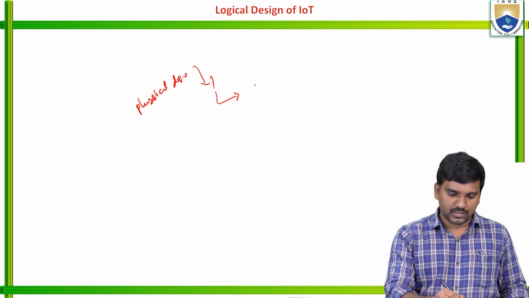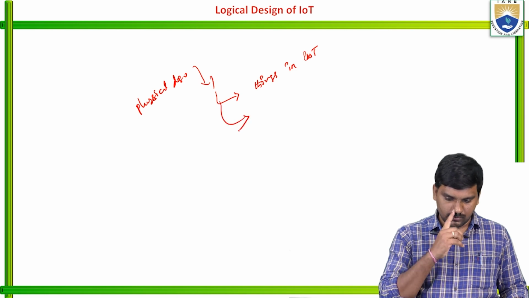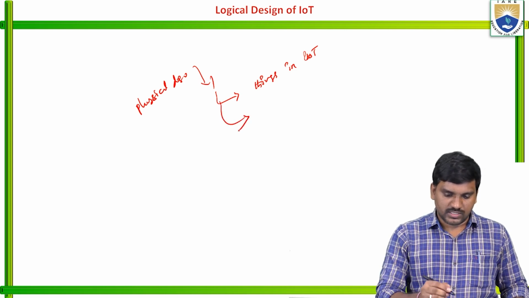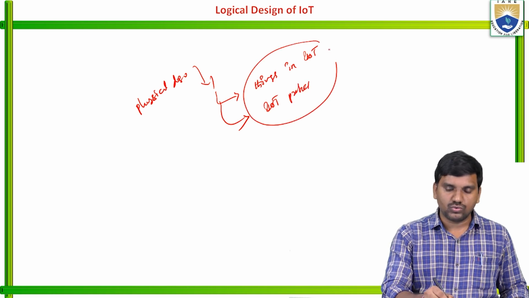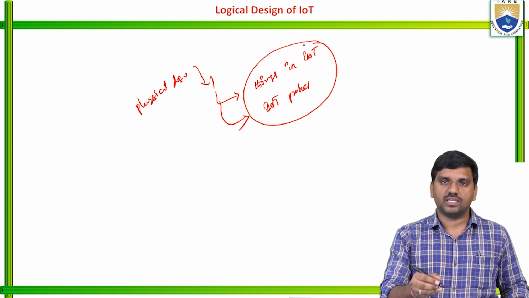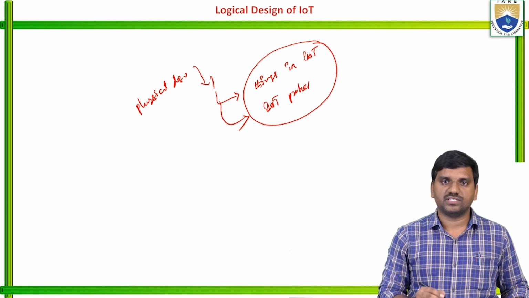One is the things in IoT, and the other is IoT protocols. So these are the two things we discussed in the previous sessions: things in IoT and IoT protocols.